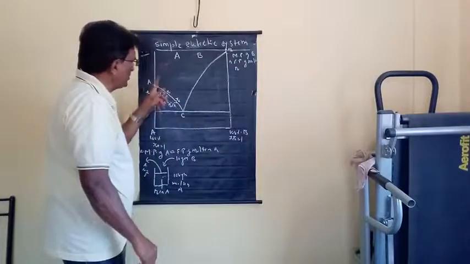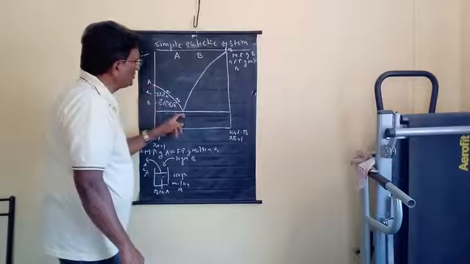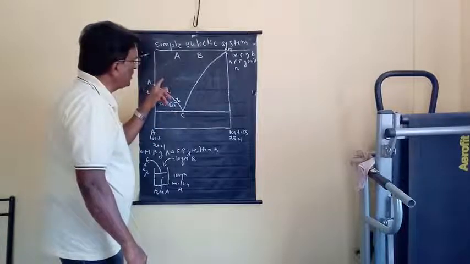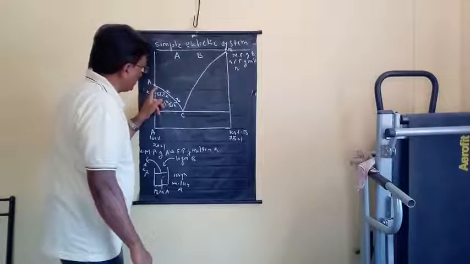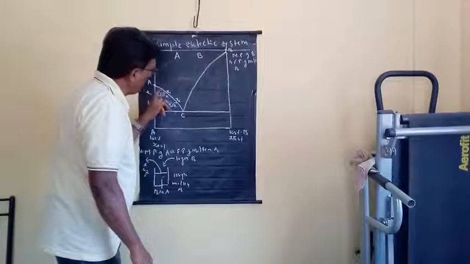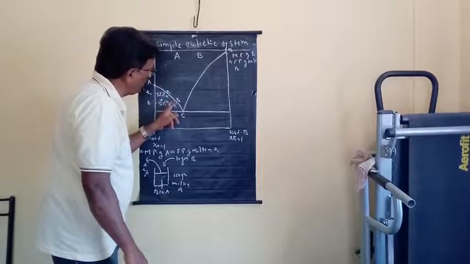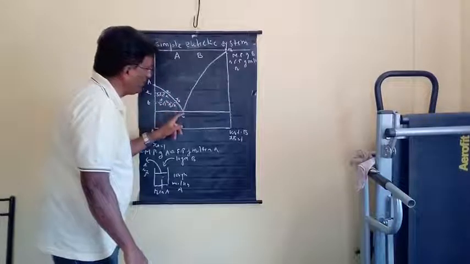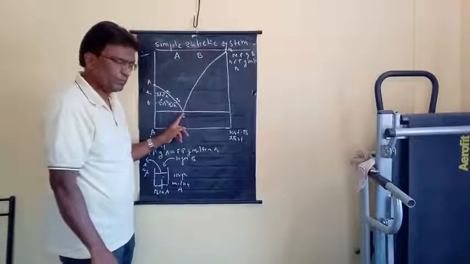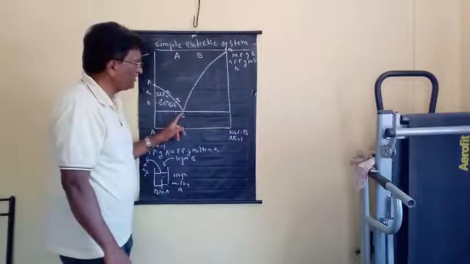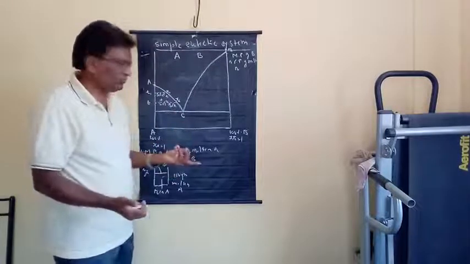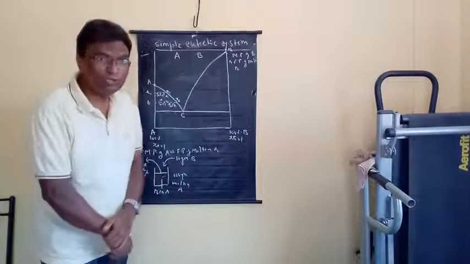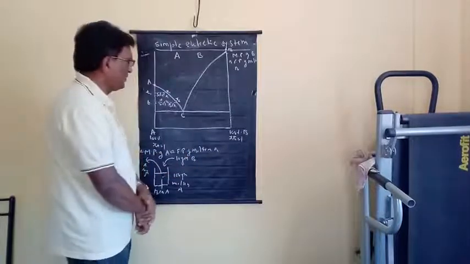Now on addition of B in a molten mass of A, solid A separates out and B passes in solution, and here solid A remains in equilibrium with solution of varying composition until point C is reached. As soon as point C is reached, solid component B also separates out.